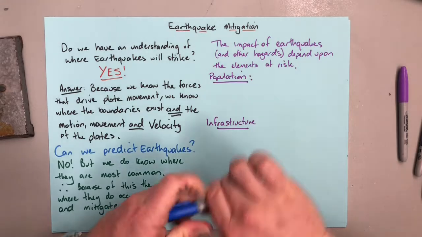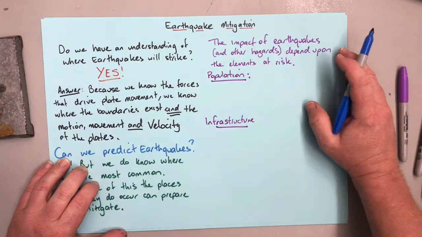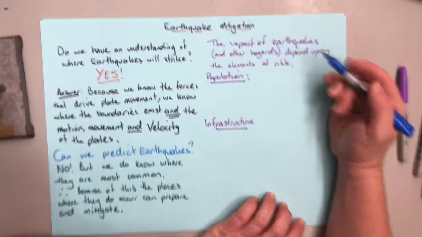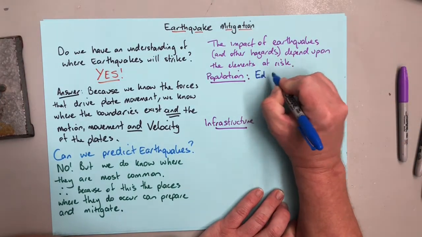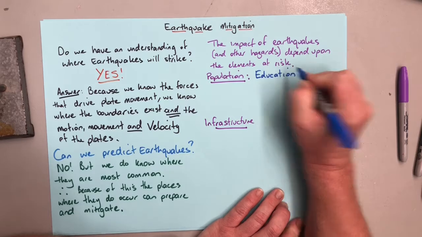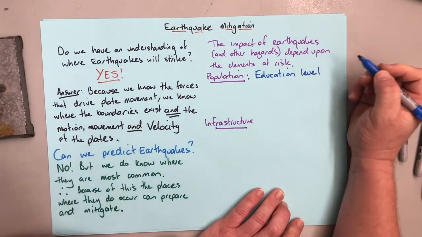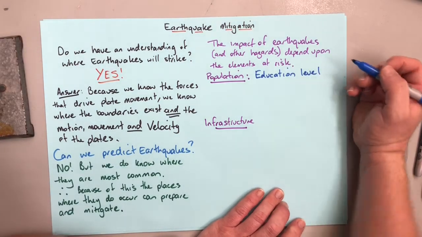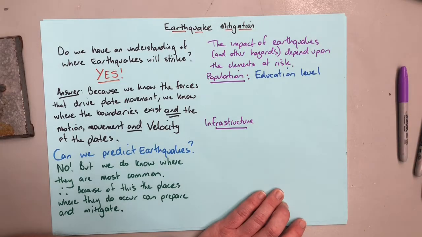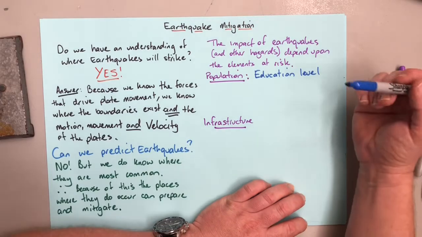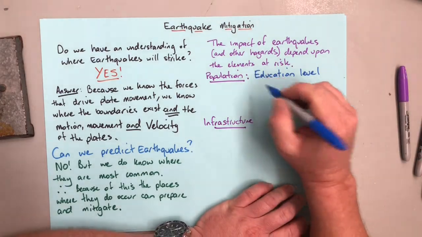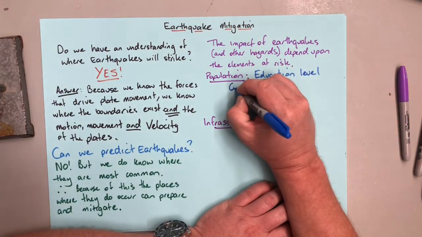So, for example, if we're looking at the impact of an earthquake on population, well, that's going to depend upon a few things. It might depend upon the education level. Remember with Nevado del Ruiz and the volcano in Colombia, they did not have a great deal of education and therefore couldn't understand the maps, so they couldn't protect themselves. Perhaps things like current health status.